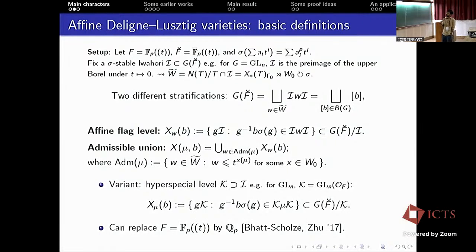Yeah. Okay, so just to say something, of course you can generalize this in certain ways. For one, you can allow different parahoric level structures. One important parahoric level structure is the hyperspecial level, which for GL_n we can think of as just GL_n with entries coming from the ring of integers. And then one can define this X(mu, b), which is different from this X(mu, b)_K.